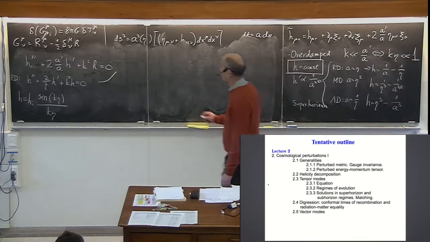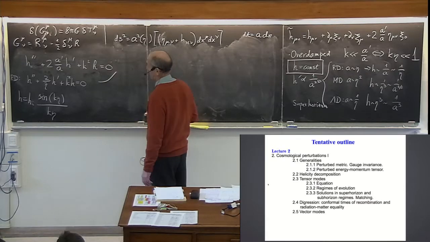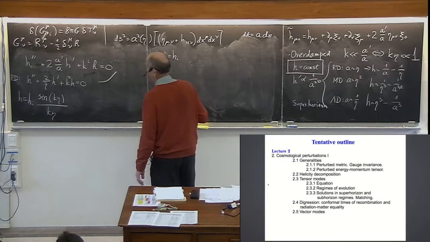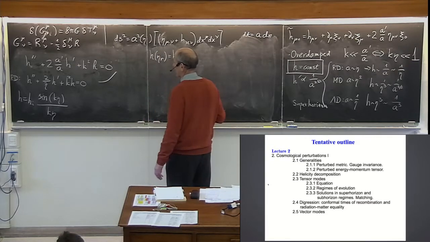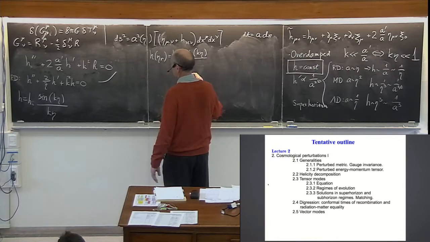So H at eta recombination is basically Hi times sine k eta.